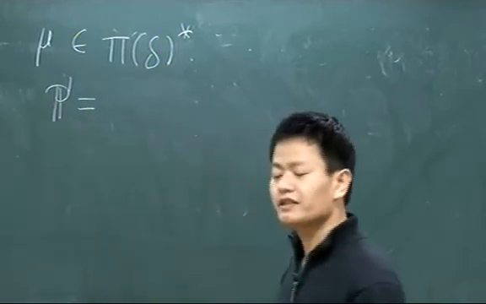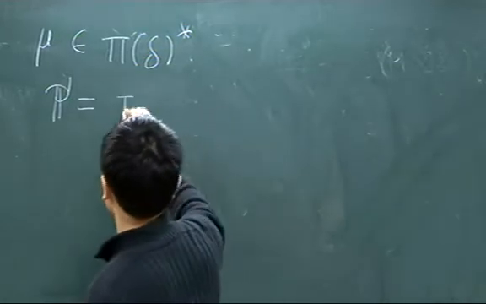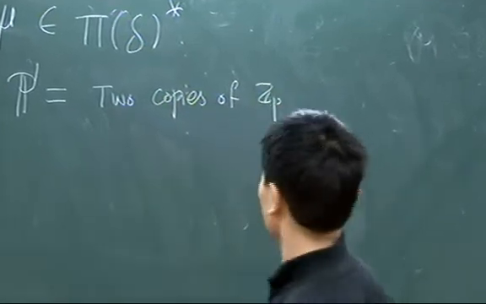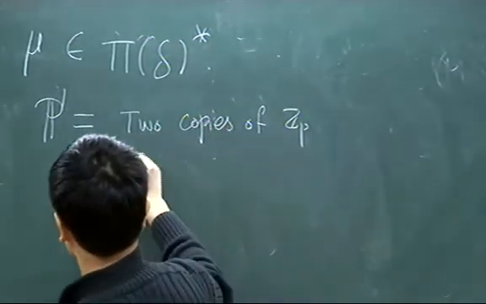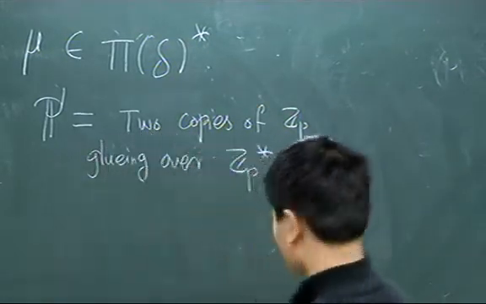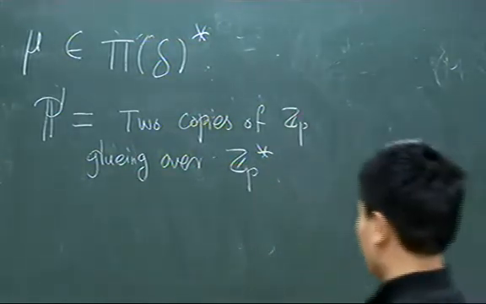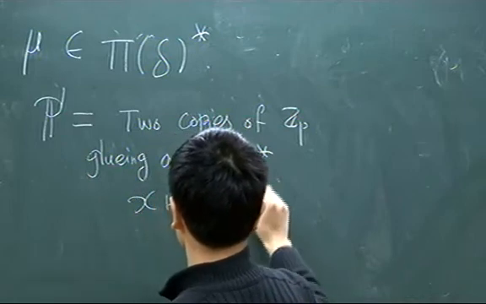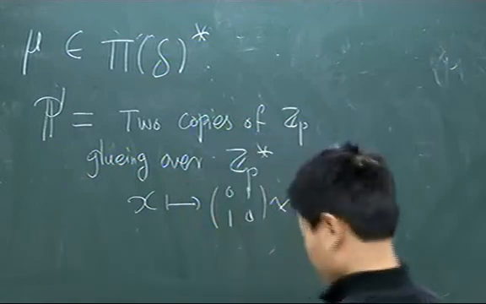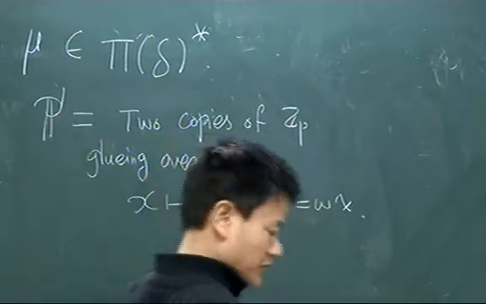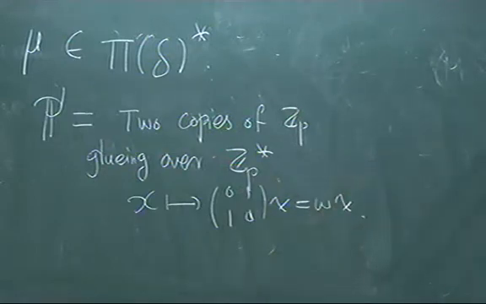P1(Q_P) is just say 2 copies of Z_P, and then you glue them over Z_P star. Inside the gluing, the map is x goes to 0, 1, 1, 0 applied to x, it's just this wx. Okay, so you glue over this line, and then you get P1(Q_P). How you get this?